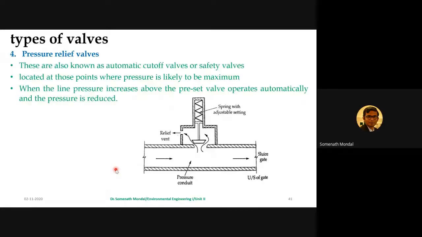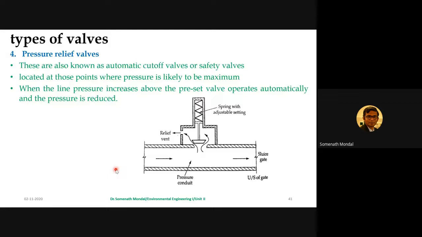The next one which we are going to talk about is pressure relief valves. From the name itself, you should be able to understand what we are going to talk about. Pressure relief valves are attached in the main pipelines to reduce the pressure. Before that, we need to understand when and why they are required.